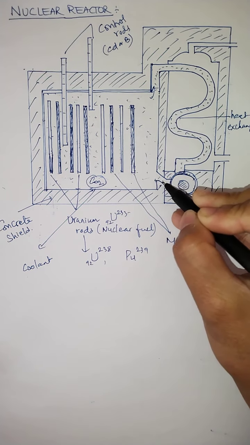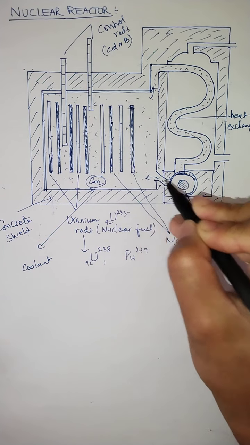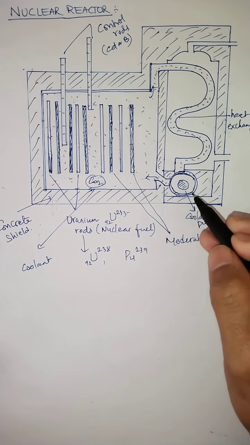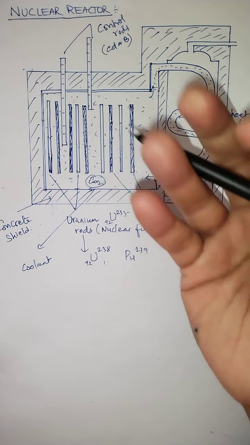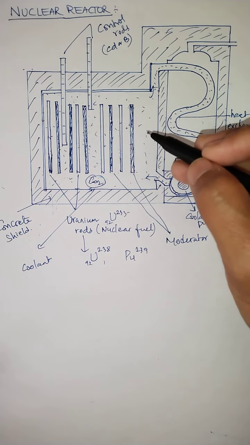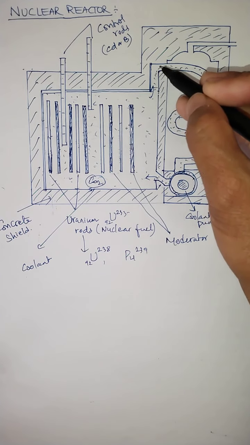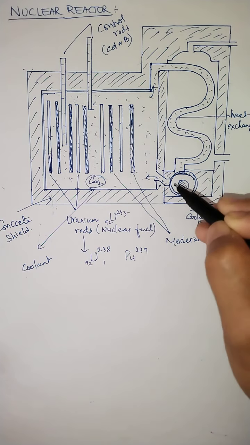The carbon dioxide gas is passed through this pump called the coolant pump, and as it passes through the nuclear reactor, the carbon dioxide starts absorbing a large amount of heat, and that absorbed heat passes through this channel called the heat exchanger.